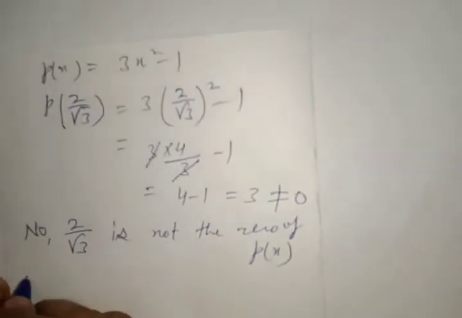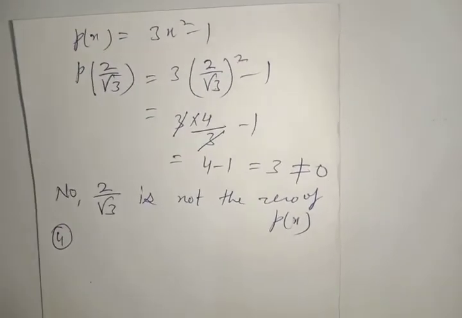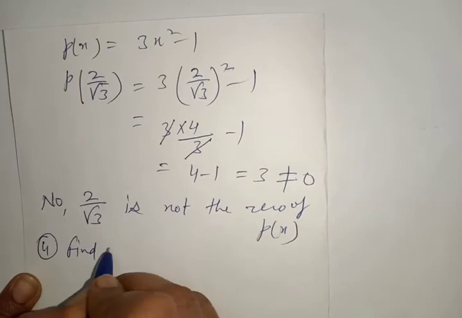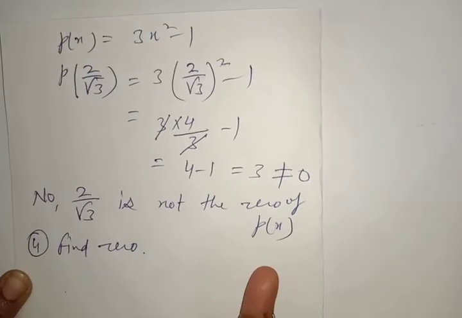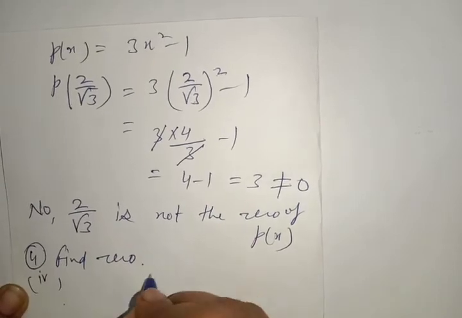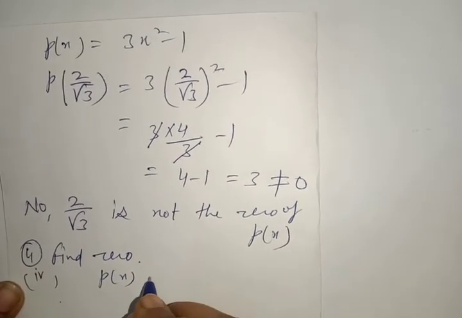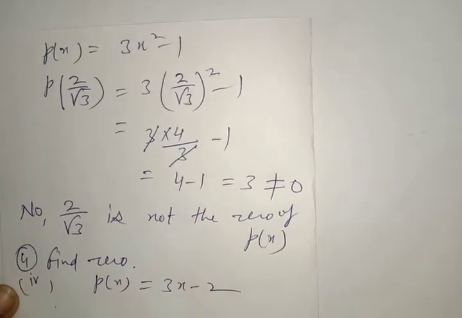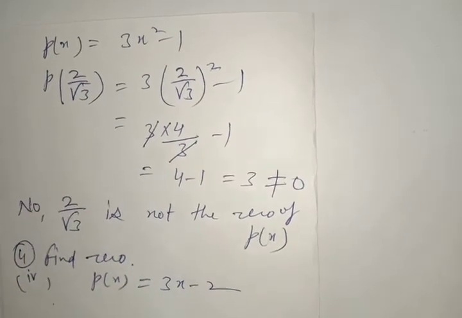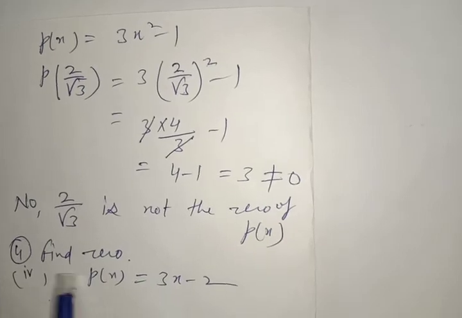Now we move on to the fourth question. There is a difference between the third and fourth question. The fourth question says find the zero of p(x), the fourth part I am taking. Now we will not check or verify, we need to find.